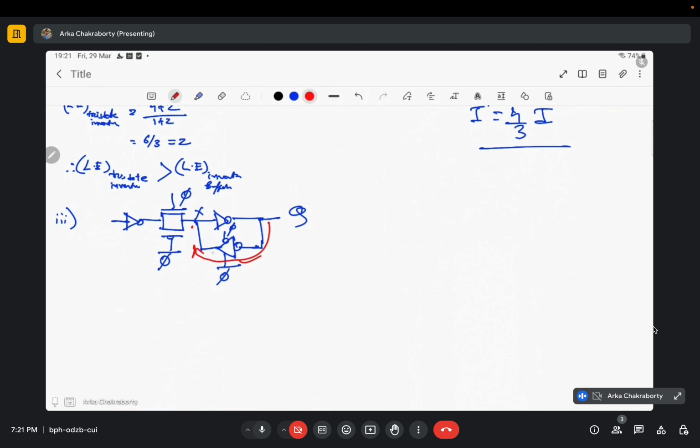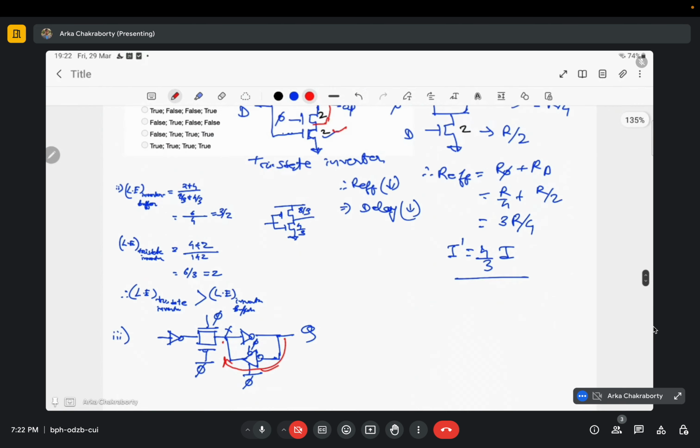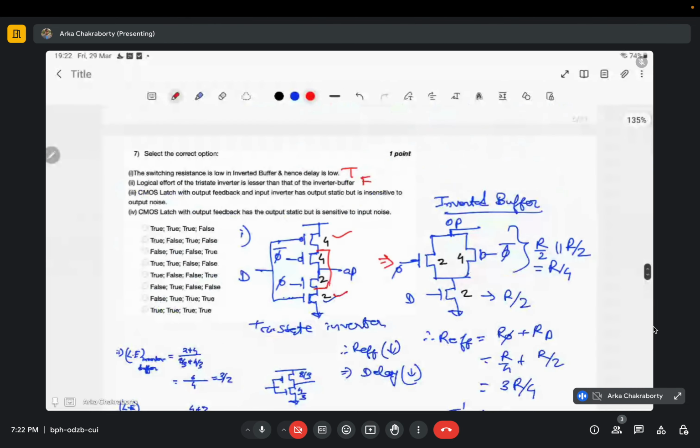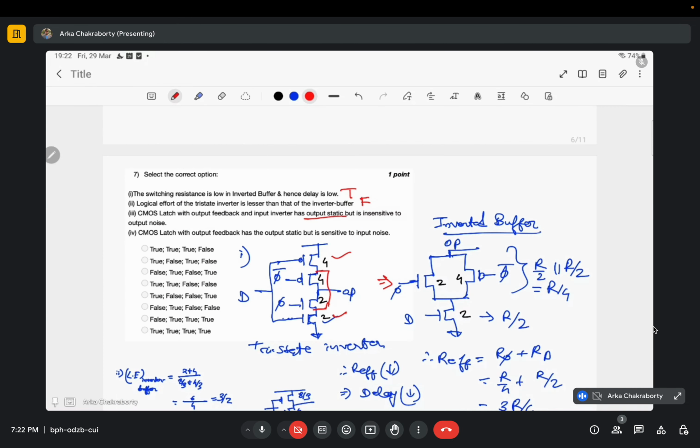It will keep on charging it. If it was VDD, it will keep on charging it to VDD. The output, if it was 0 and it was 1, it would keep on charging it to VDD, and if it was 1 and it was 0, it would keep on discharging it to 0. Okay, so my output is static is true, but is insensitive to output noise.